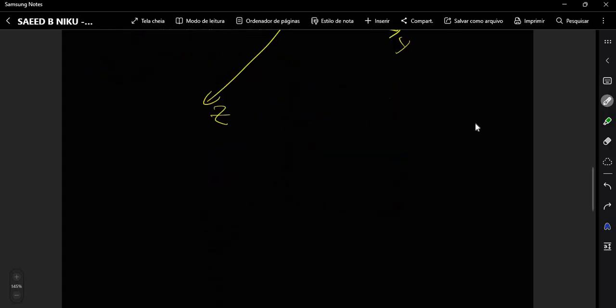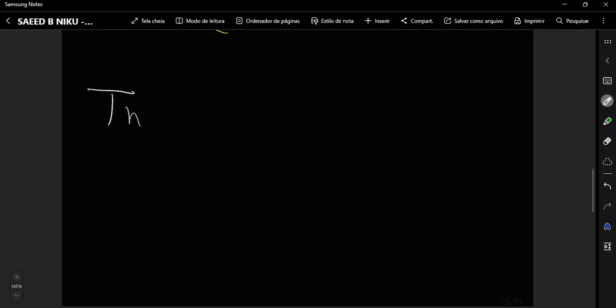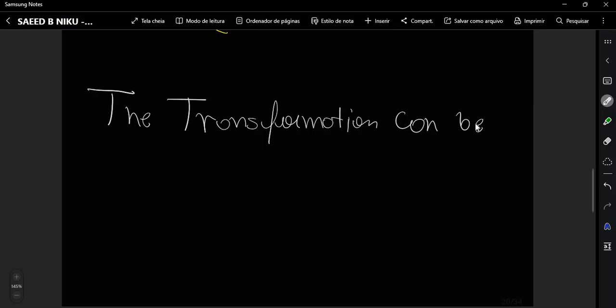With that being said, the transformation can be one of those three forms.